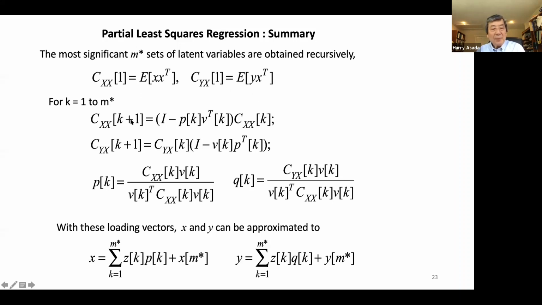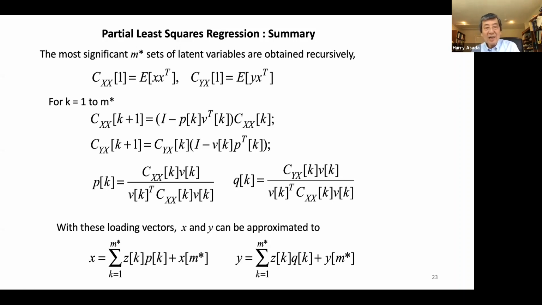So we can update both CXX and CYX for the next round, like this. This is the further deflated one. Here, the loading vector P in stage K, and the output loading vector Q in stage K, can be computed in this way, right?